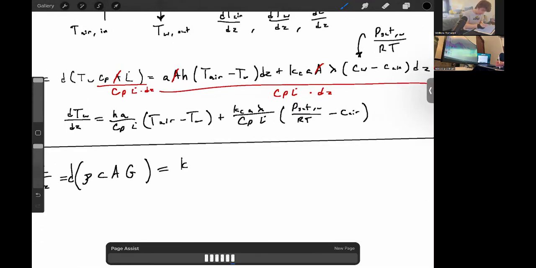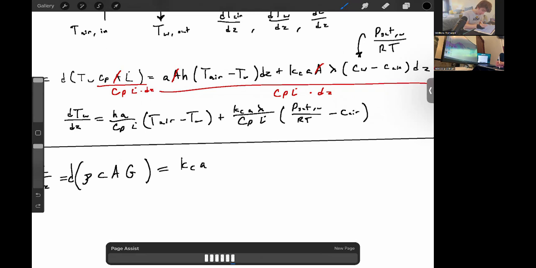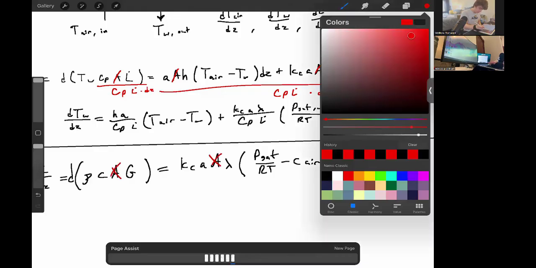So we're just going to do our mass transfer coefficient multiplied by our packing, and then area, and then our enthalpy of vaporization. And then I'm just going to keep this in the expanded form of the P saturation there, and then this is going to be dz. So we can already see we can cancel out the areas here.